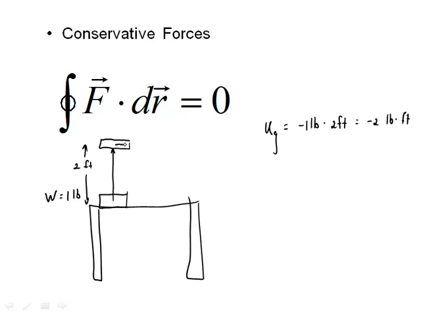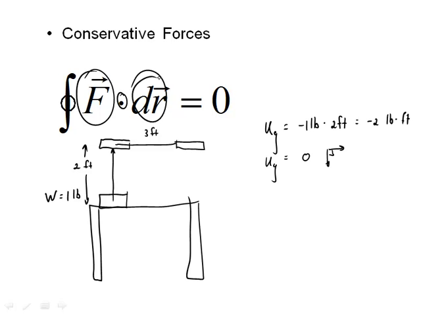Then I'm going to move the book to the right, a distance of 3 feet. Now the work done in this scenario is equal to 0, because the force is down and the displacement is to the right, so the vector dot product, F dot dr, is equal to 0 because they're at 90 degrees to each other. Then I'm going to bring the book all the way down to the floor. And we're going to assume the floor is 3 feet below the table.